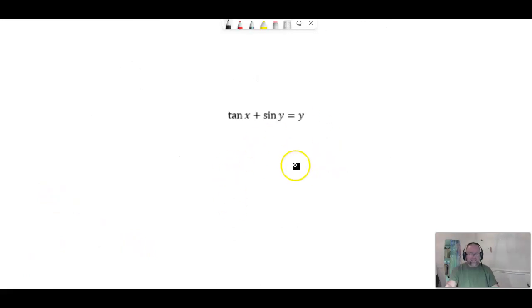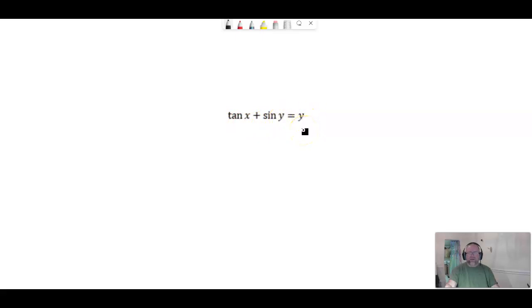Okay, so for this next example, which is similar to number 3 on the assignment, we're going to differentiate with respect to x the function tangent of x plus sine of y is equal to y. Now, remember that the value or the placeholder that's next to the trig function is an actual angle, and this here is an actual value.